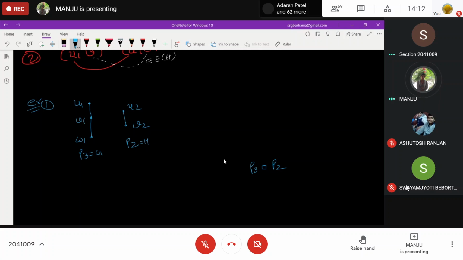Now tell me what are the vertices of P3 small square P2? This graph has how many vertices? Six. Right, which are U1, U2, V1, U2, W1, U2, yes or no?